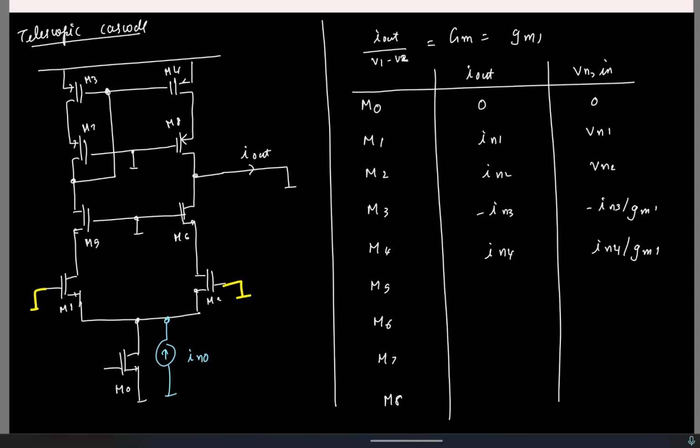These are connected to some bias voltage, they are incrementally short. So I can as well do this. So noise of M6, I'll model it using its VN6.